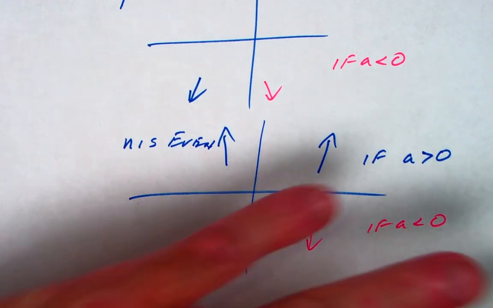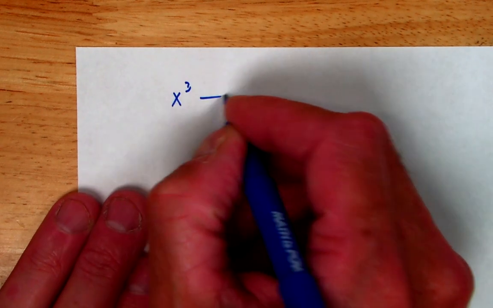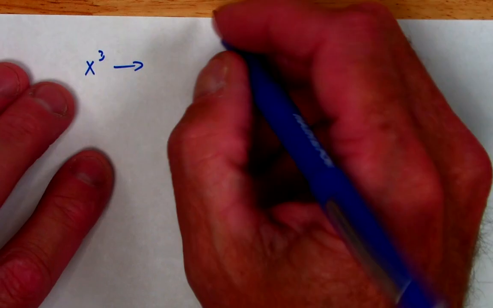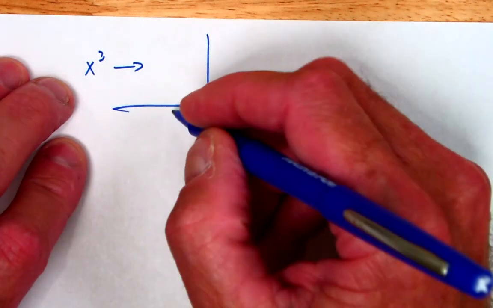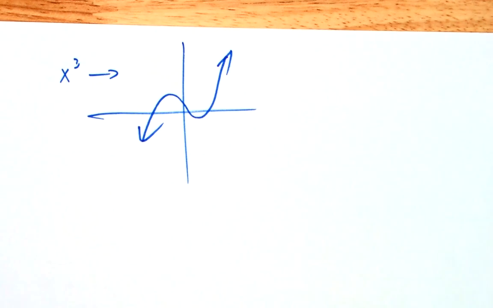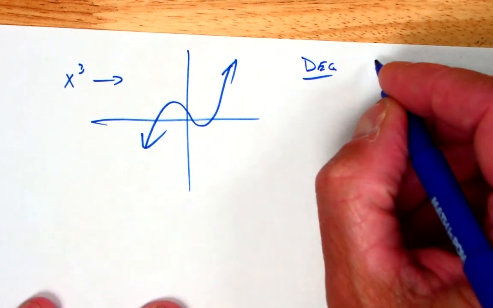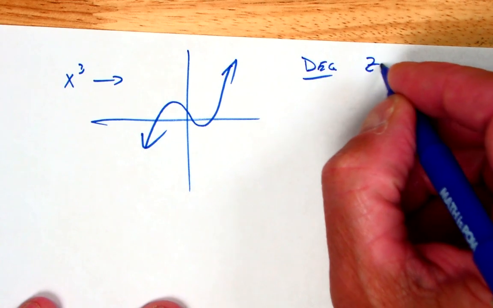Okay? So if I'm going to do something like x to the third, what's the waggiest it could get? Well, it could go something like this, right? Okay? So we're going to make a little chart. Degree. Zeros.